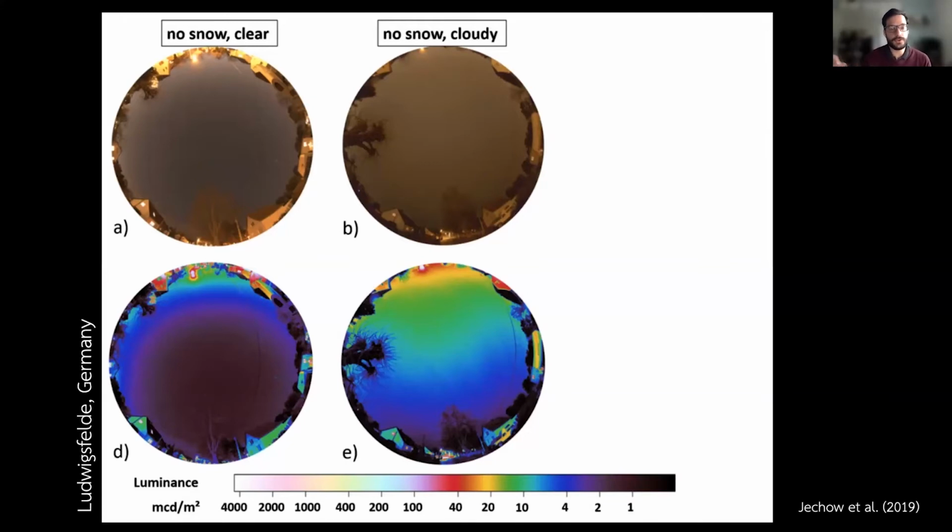And in fact, also the night sky brightness due to this reflection and due to the scattering of the light pollution is increasing. In fact, the factor is more than 5 times brighter only due to clouds. And now the third case, when we also include snow, then you have a reflection on the night sky, again a reflection from the ground.